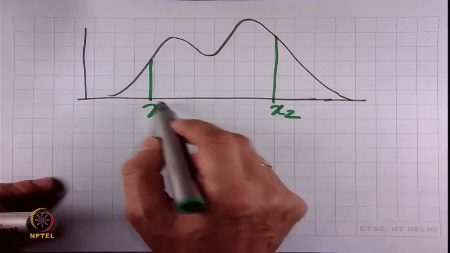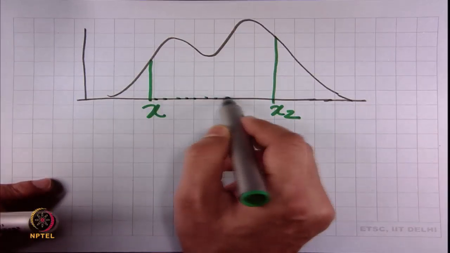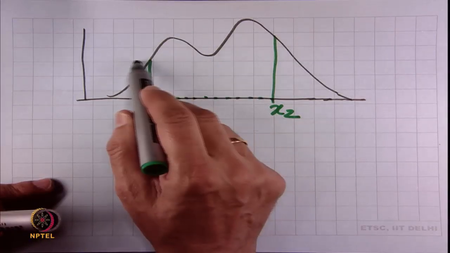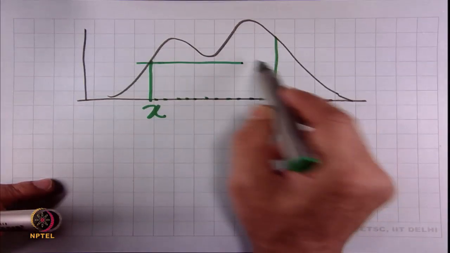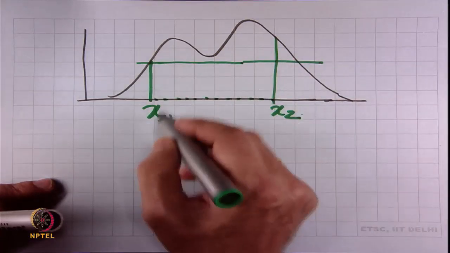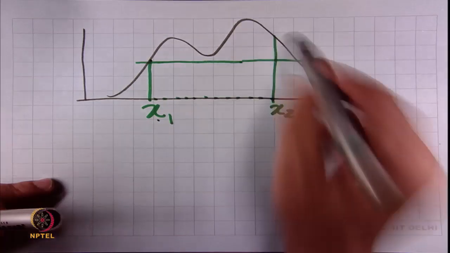Then we can see that for all the points we have the membership values actually bigger than the smaller of mu A x 1 and mu A x 2.